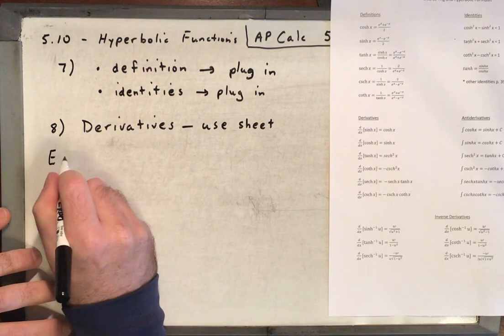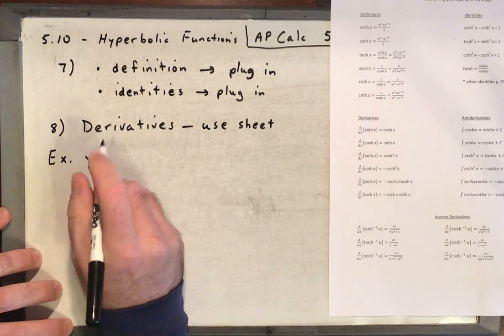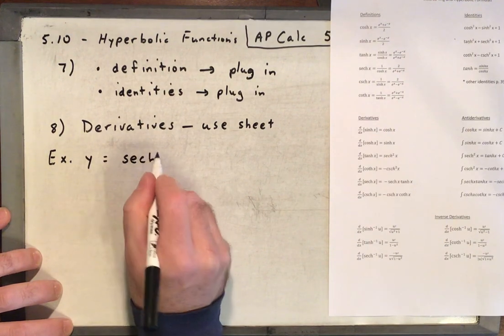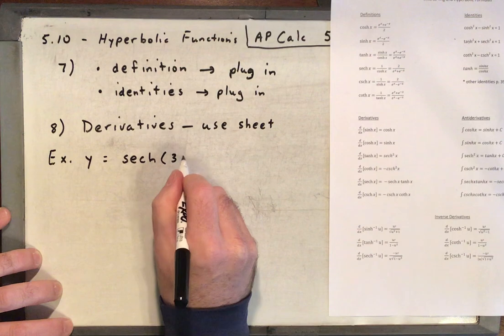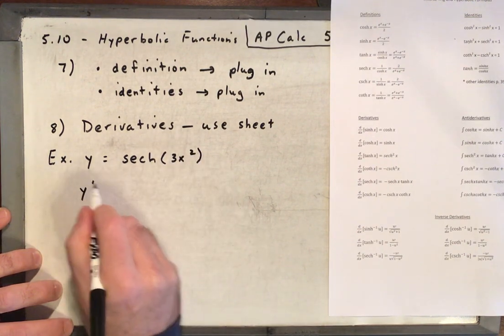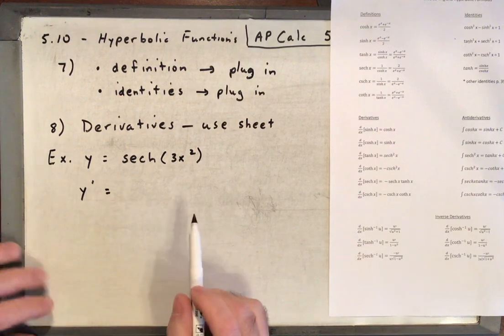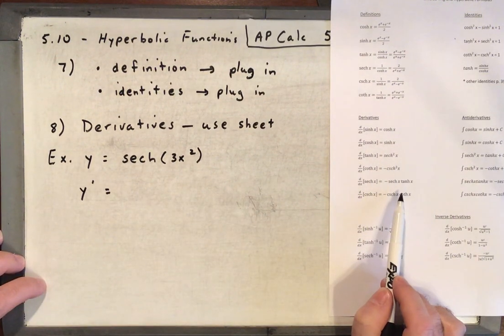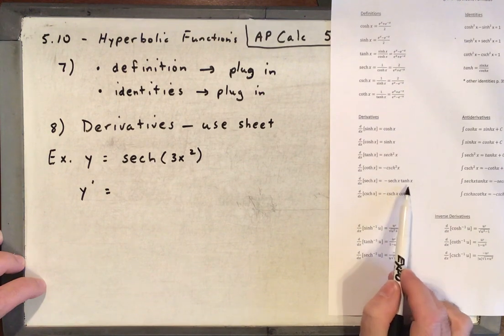So our first example is, let's say we have y is equal to hyperbolic secant 3x squared. Okay, y prime, this is going to be chain rule. The derivative of hyperbolic secant is minus hyperbolic secant hyperbolic tangent.